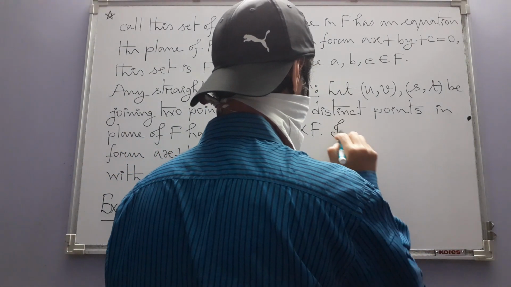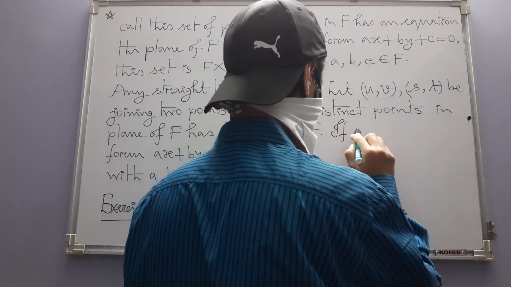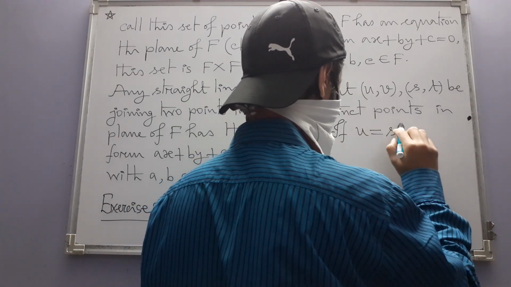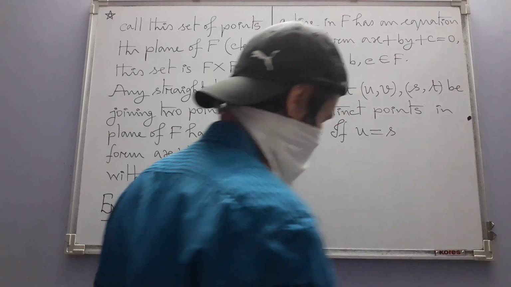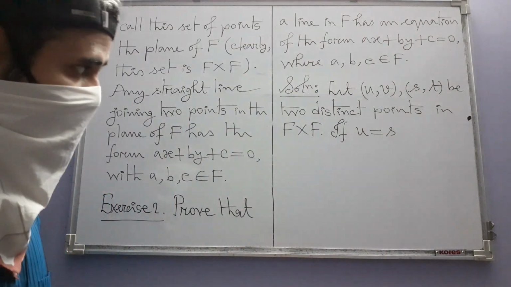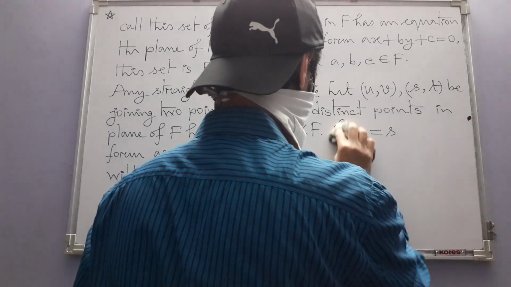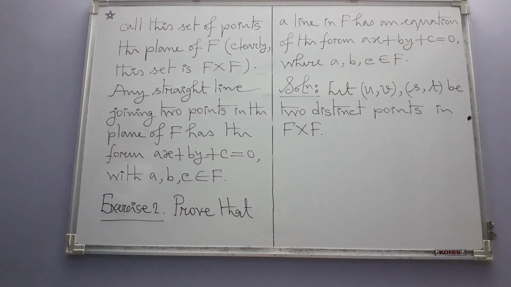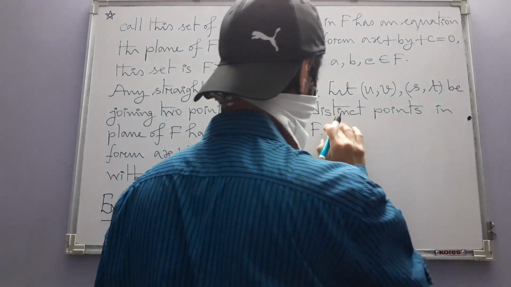If u is equal to s, then okay. Now, before I write these things down, let me give the line some name. That way it will be easy to refer to it.